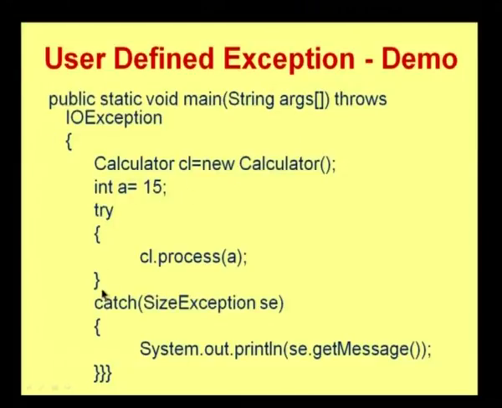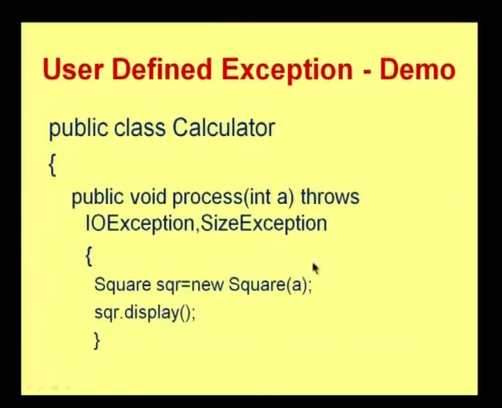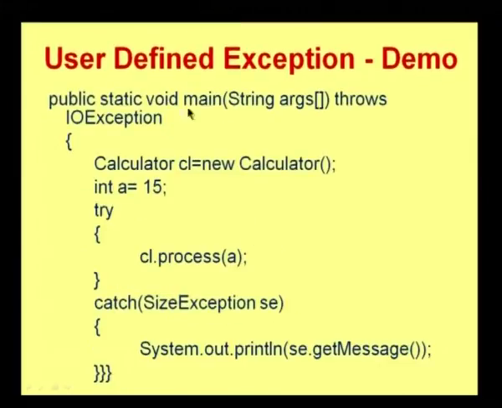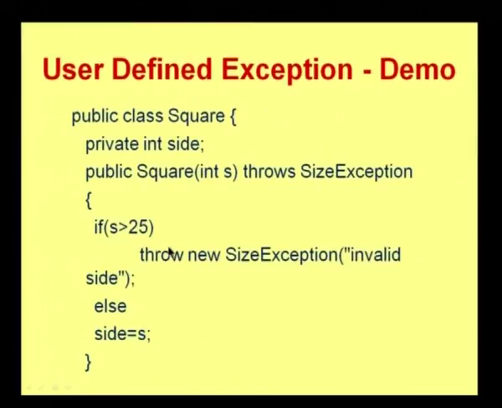Now I have written a try catch block to catch this exception. This method will raise the SizeException, and in this main method I have written a handling mechanism which is going to catch the SizeException raised by the method of Square.